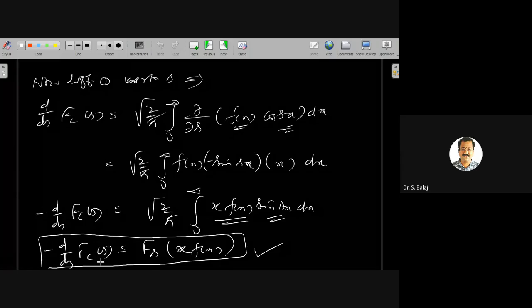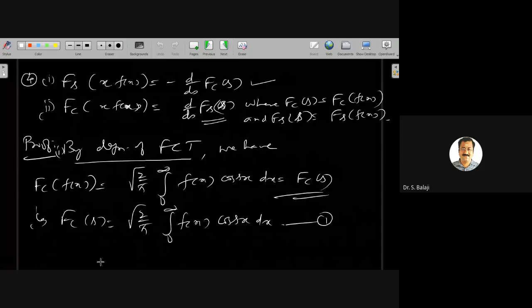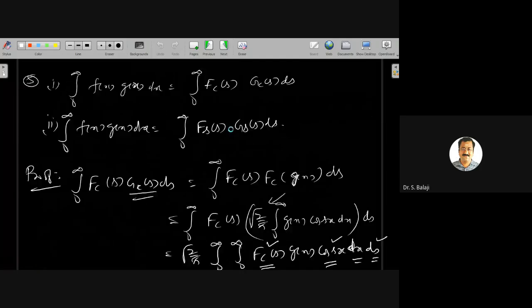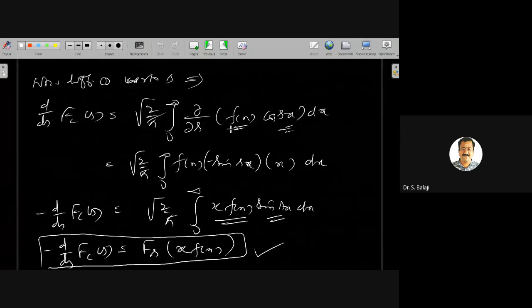Can you try similarly, from the Fourier sine transform definition, and differentiate with respect to s? Take the Fourier sine transform definition and differentiate with respect to s. Can you give the answer?